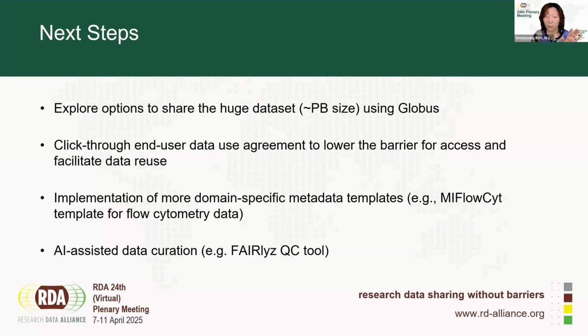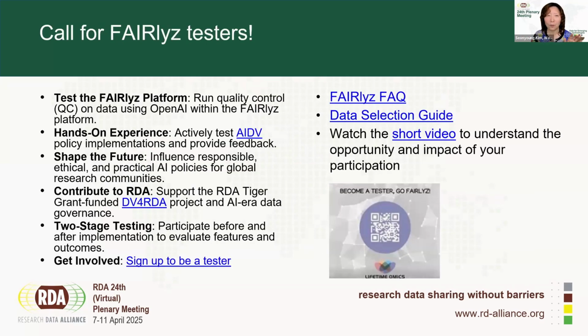I'm looking into this mainly as a QC tool. I'm going to talk about it. This is an RDA project called the Data Curation for RDA. I would like you to check it out and test it, because this is quality control on data using OpenAI within the FAIRlaser platform. So it connects to the ontology and standards we talked about in the chat section.